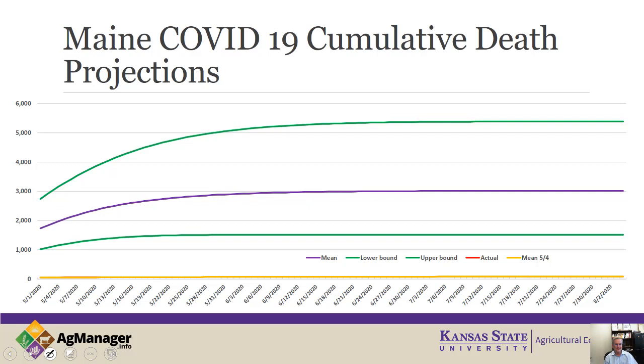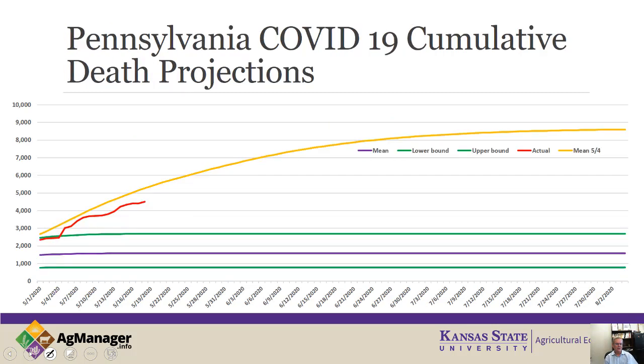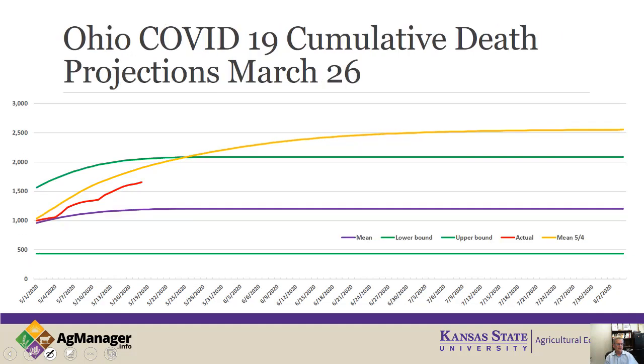Maine is essentially so much better than the original prediction, and if you look at the May 4th model, the actual is right on top of it. You can see a little bit of red there, but it's tracking very closely. Pennsylvania, the May 4th release is over-predicting the amount of death, as the actual numbers have been a little bit better.